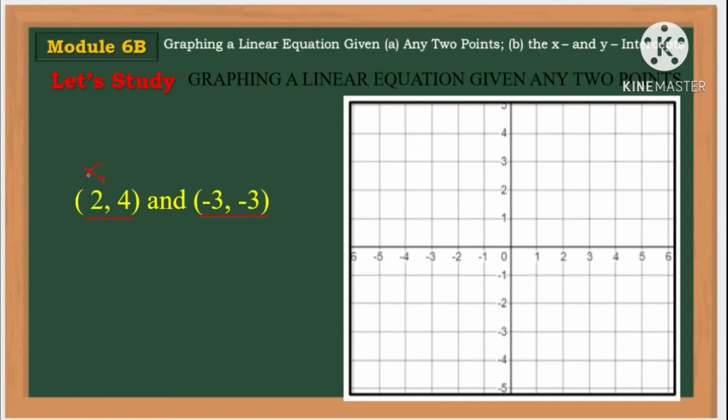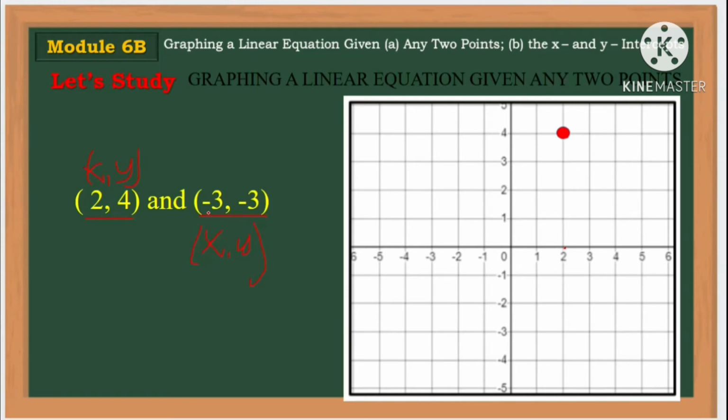This is x, this is y. So, x here is 2, and y is 4. So, 1, 2, 3, 4. Okay, the point is here, (2, 4).